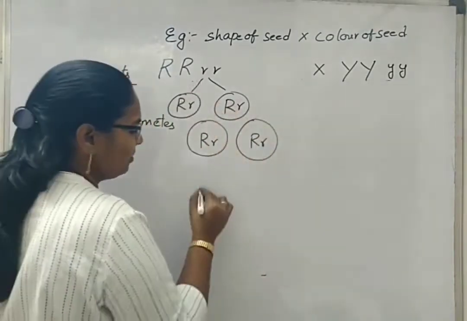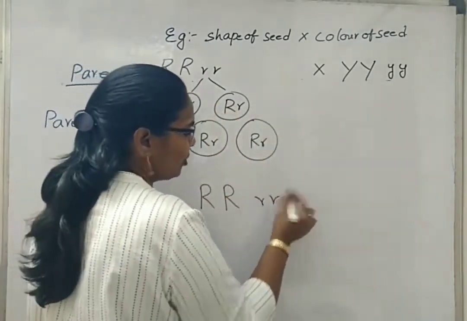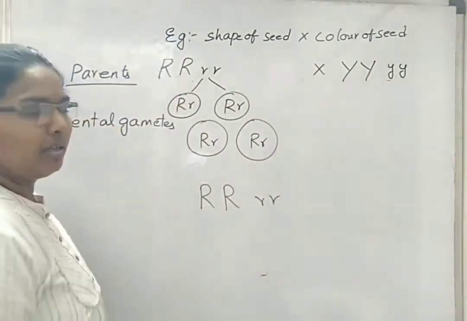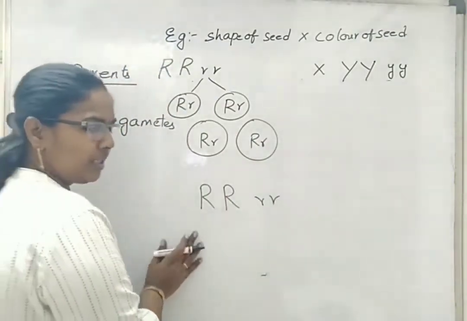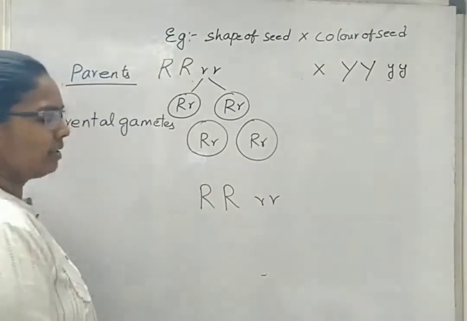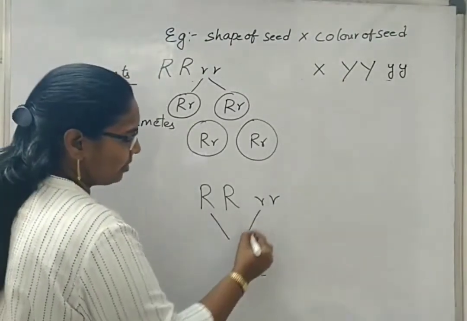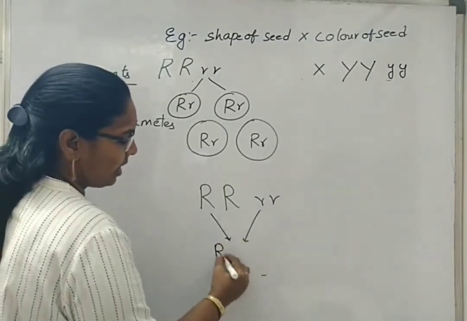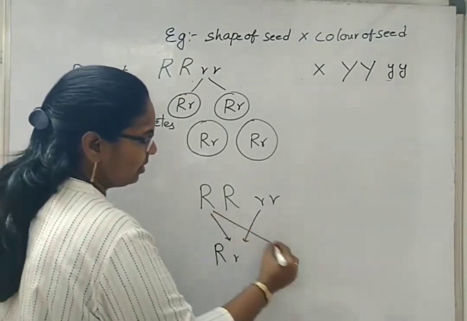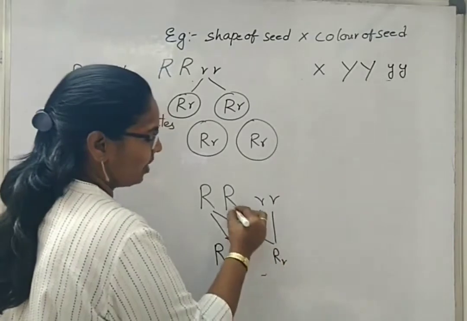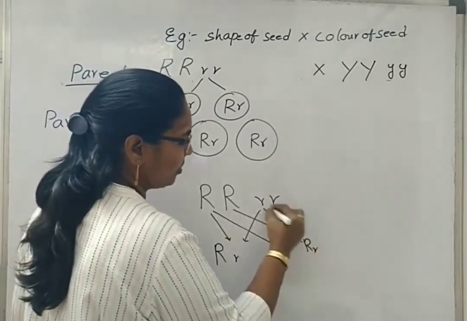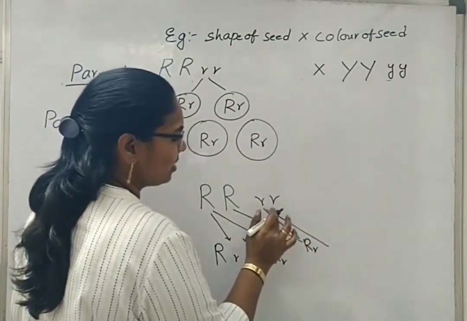How did I take this one? Suppose the arrangement of alleles is like this on one chromosome, meaning one is responsible for dominant and recessive alleles like this. I am crossing this one like capital R, small r. Again another one, capital R, small r. Capital R, small r means dominant allele, recessive allele.